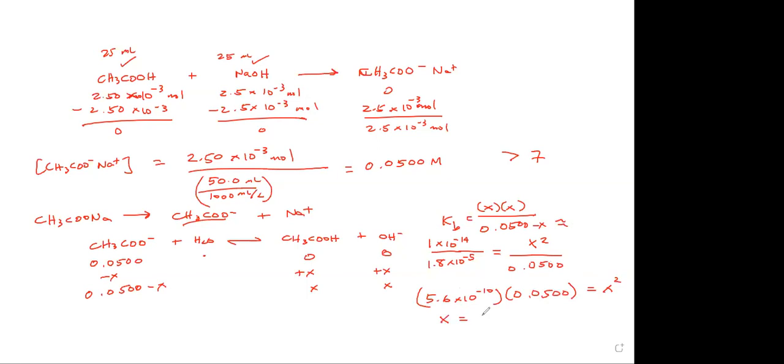So X is equal to 5.29 times 10 to the negative 6. Now, what is the X here? The concentration of hydroxide ions.